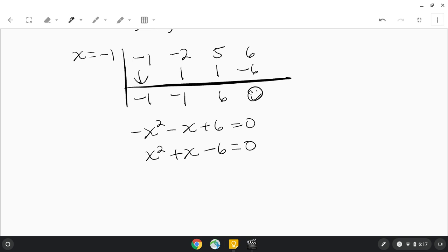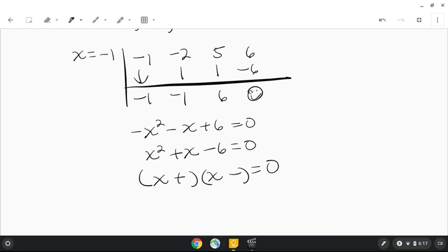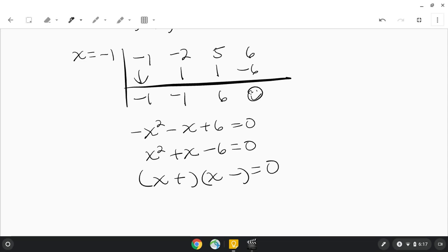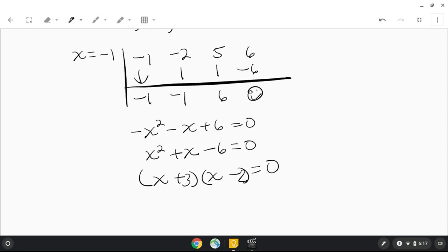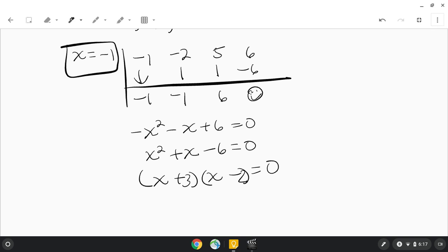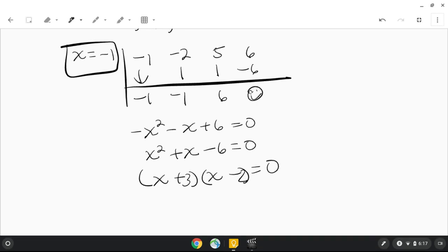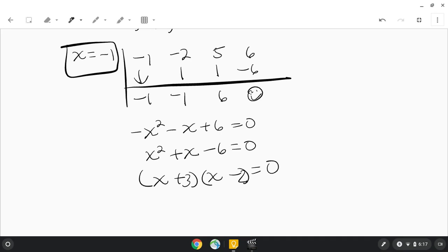So I get x times x, one positive, one negative. 3 and 2. So x equals -1 is one of my zeros, so it's one of my intercepts. And x equals -3 is also another one, and x equals 2.